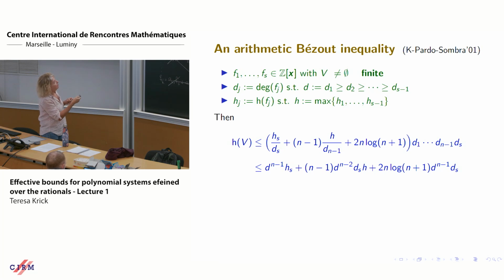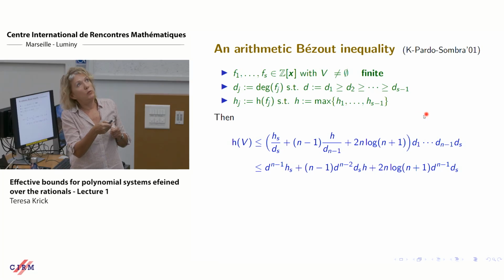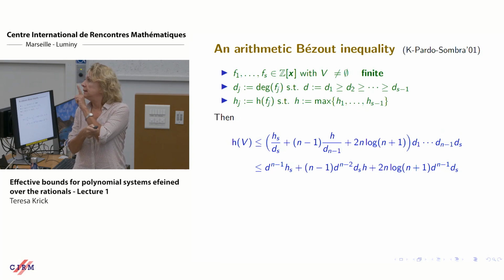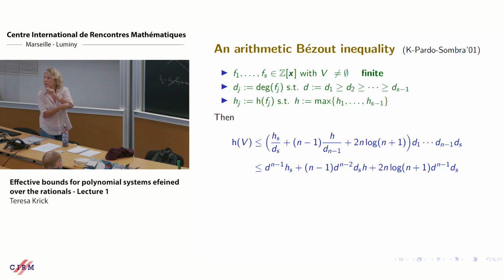I order them from max degree to min degree, but they will all have a height bounded by the same quantity. So in this statement, I can only distinguish one polynomial with its height, and all the others will have a common height, bounded by a common number h.